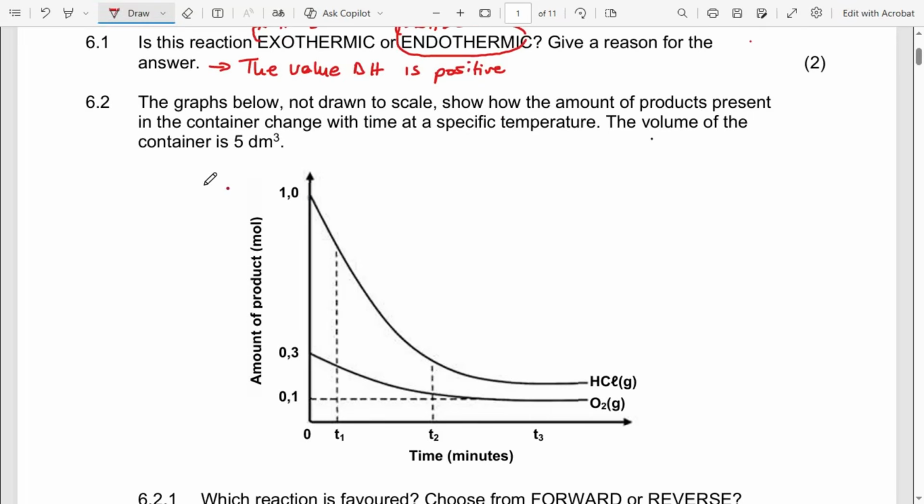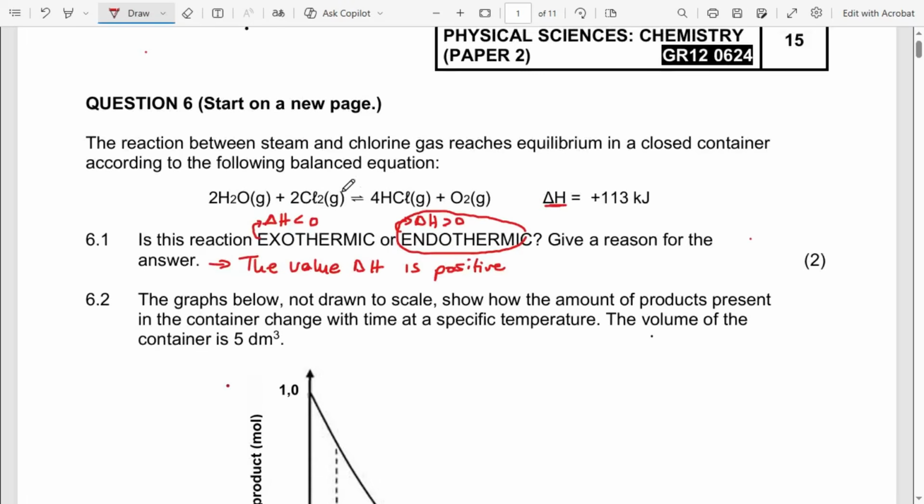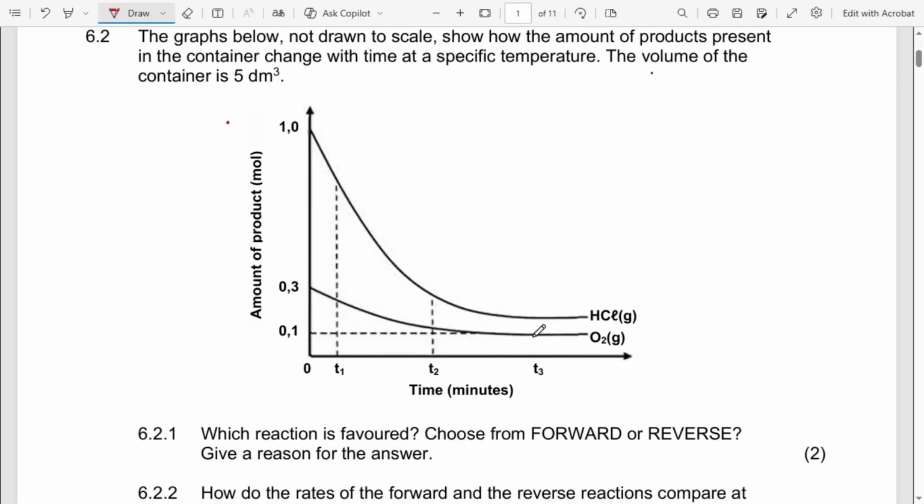Next question. They say the graph below, not drawn to scale, shows how the amount of products present in the container changes with time at a specific temperature. The volume of the container is 5 decimeter cube. Let's quickly look at what we have on our products, because this graph is only for the products.